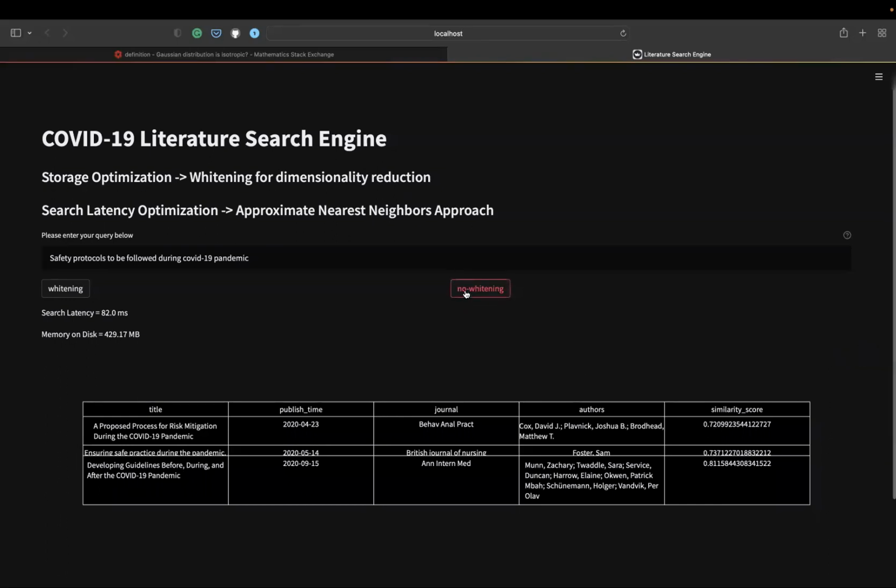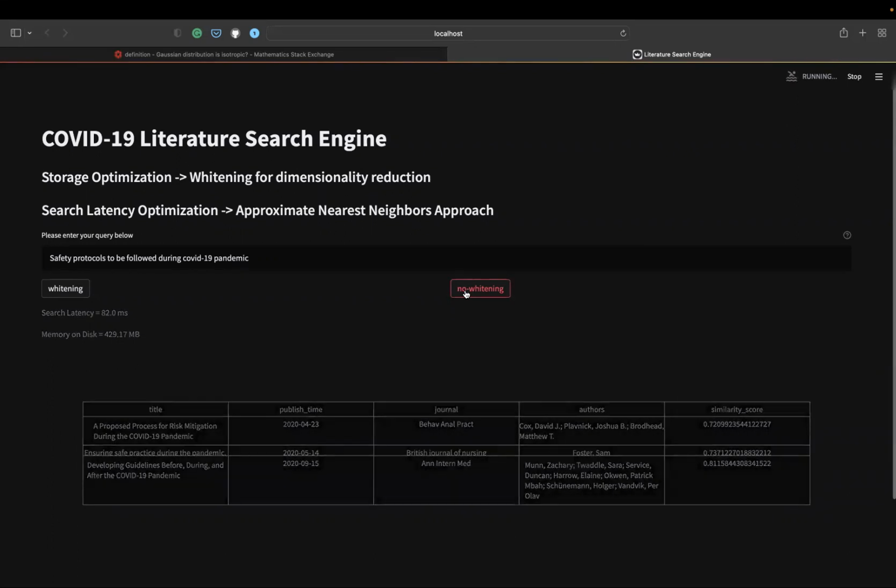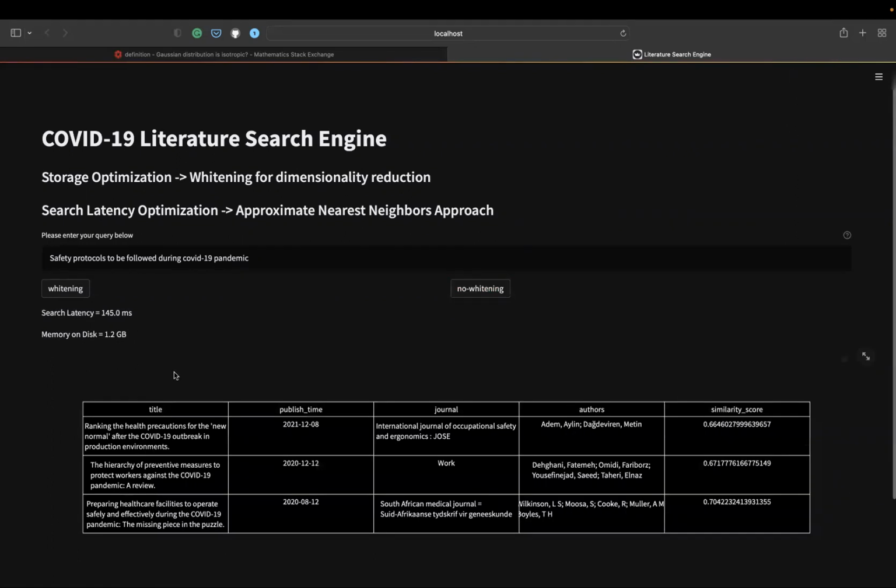If I do not use this whitening transformation, this will be for the whole 768 embedding storage. Here you can see the memory on disk is 1.2 GB as opposed to 430 MB, and search latency is 145 milliseconds, whereas with whitening it was 80 milliseconds. And here you can see the similarity scores. It improved actually.